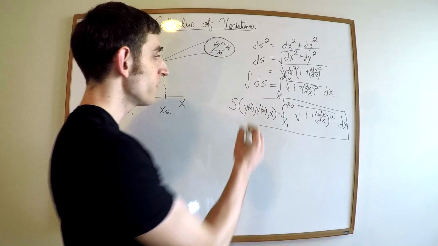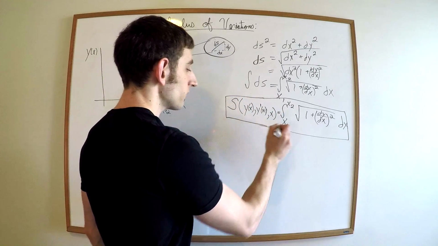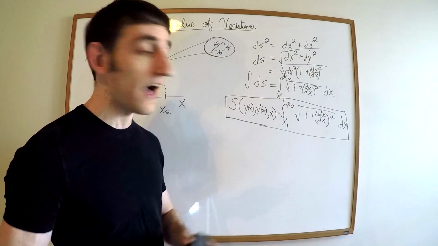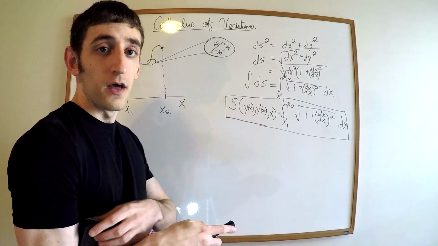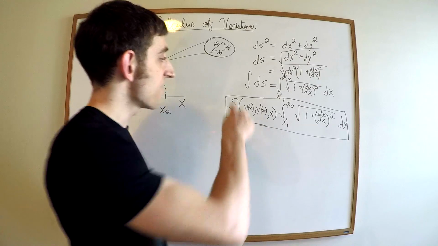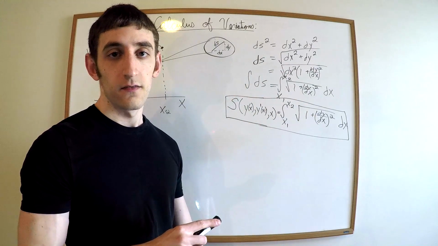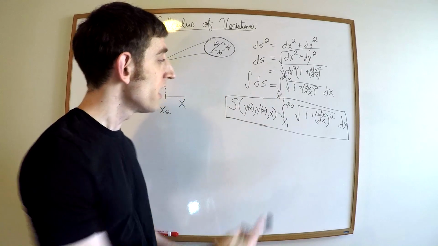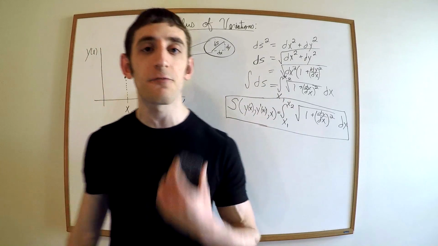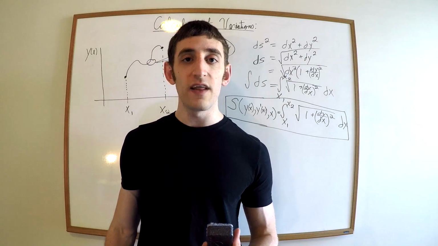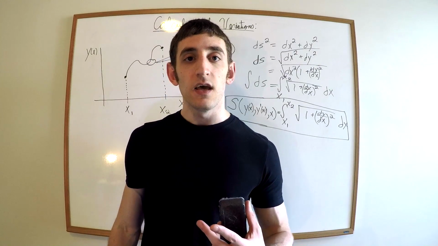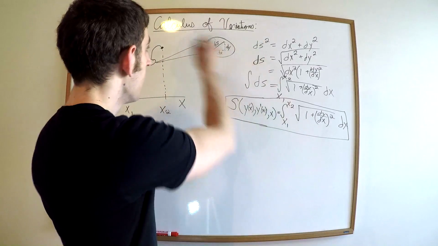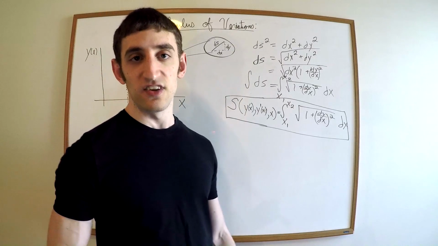So what we found here is that when we have something which is known as a functional, it's something that is a function of a function. It's not a function of an independent variable. Do you see the difference here? When we have that, we can't use the same framework that we used with Calc 101. Instead, we have to come up with a new mechanism, and that is the basis of calculus of variations, okay?